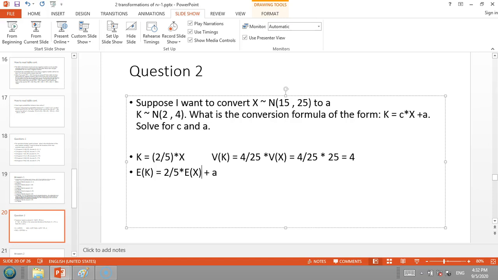Now the expected value here, I just adjust a to whatever it needs to be. The expected value of k is 2, equal to 2 over 5 times the value of x, which is 15, plus a, and then I solve for a.